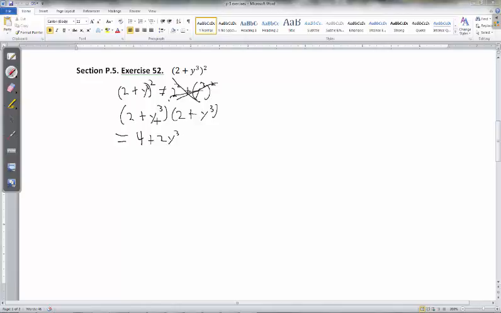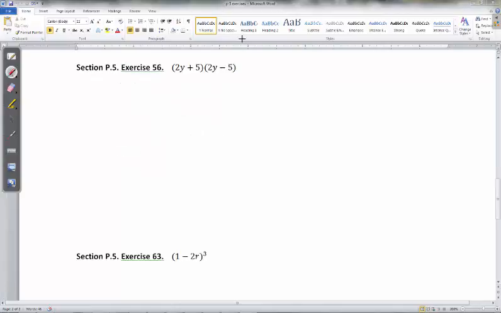Y cubed times 2, the inners, we get 2y cubed. The lasts, y cubed times y cubed, we will get y to the 6th. And then we can combine like terms, having our 2y cubed and 2y cubed together. They will get us 4y cubed, and we still have that y to the 6th.